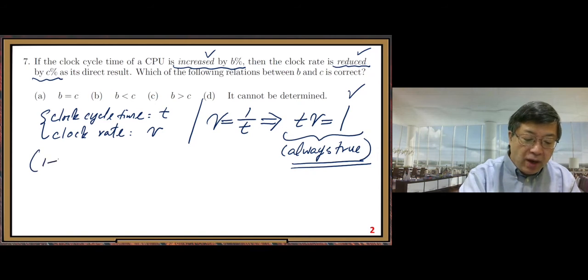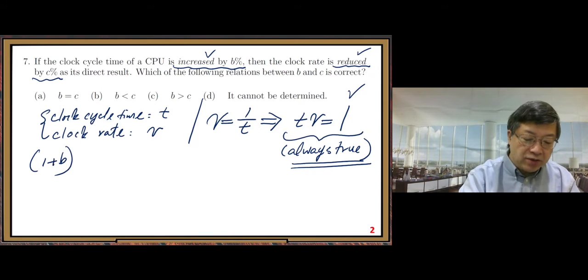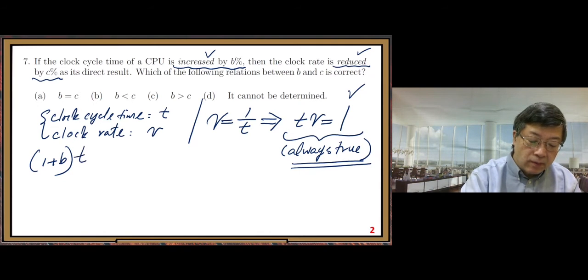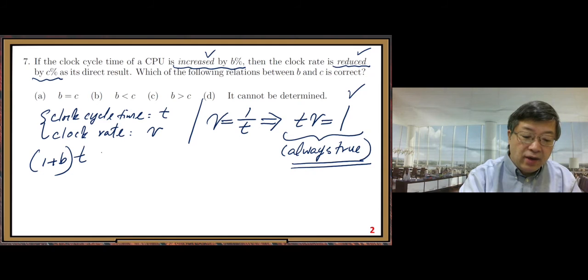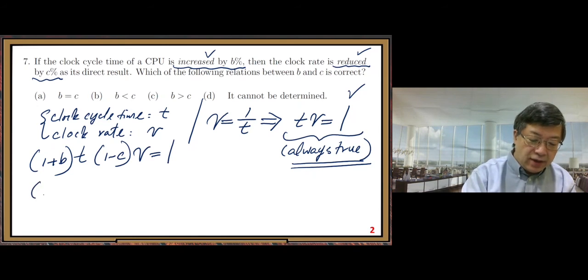So increase: 1 plus B, right? 1 plus B times T. Then rate reduced by C%: 1 minus C, times R equals 1.